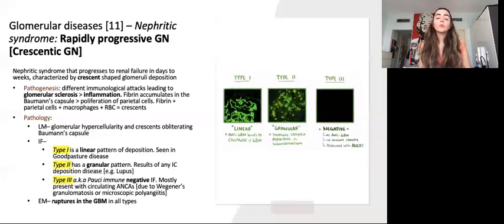And then the third one, it's also called pauci-immune because there's no immunofluorescence, it's completely dark. There's a lack of detectable anti-glomerular basement membrane antibodies or immunocomplexes via electron microscope or immunofluorescence. But most of these patients, they have circulating ANCAs, which are anti-neutrophil cytoplasmic antibodies.